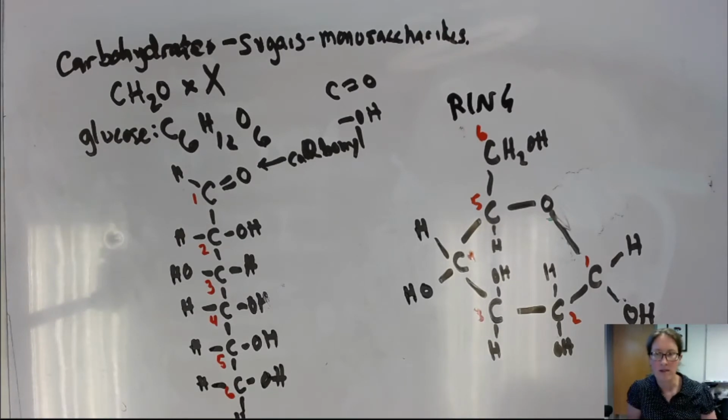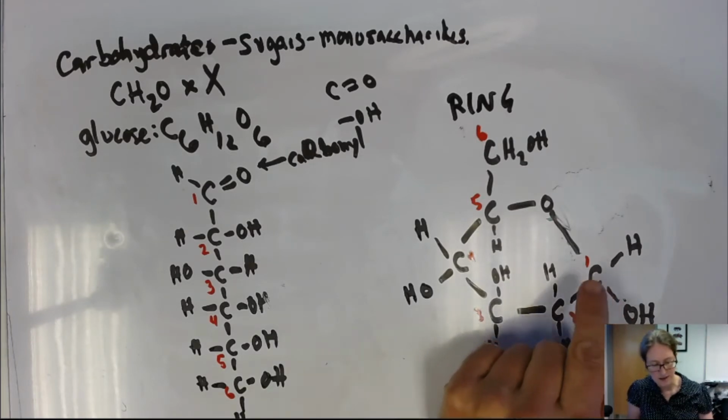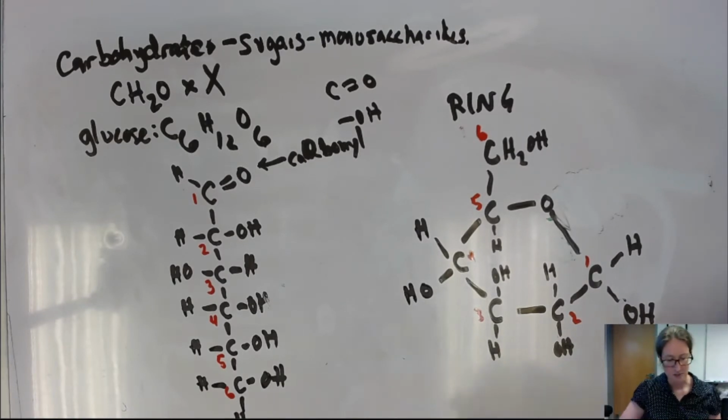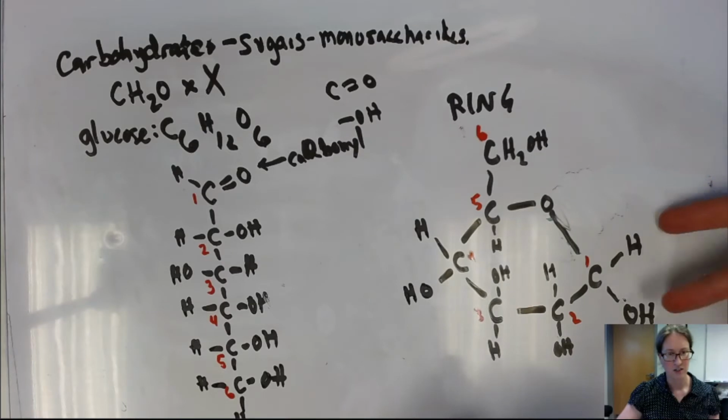And one other thing I want you to notice is that before I did that, this attachment point here between carbon 1 and carbon 2, that's a single bond. So what that means is that it's possible for this hydroxyl and this hydrogen to be in the opposite orientation, right?